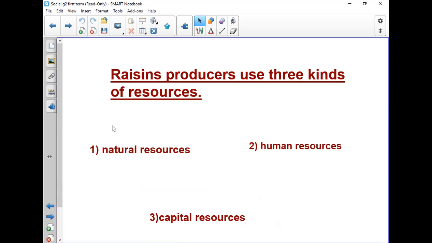And the third type of resources is capital resources. So how many resources did we use to turn grapes into raisins? 3 types of resources: natural resources, human resources, and capital resources.